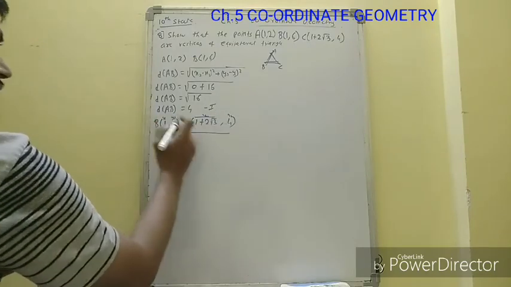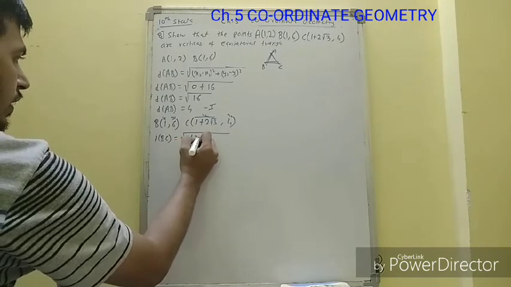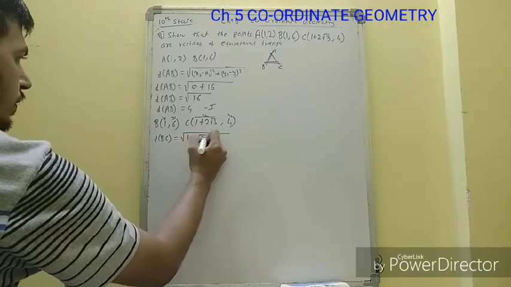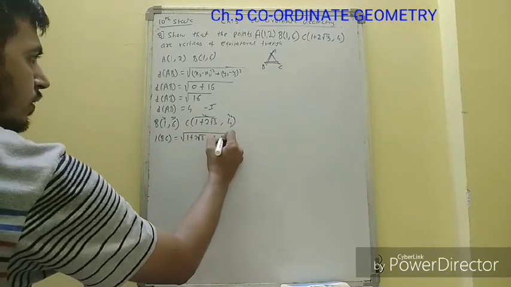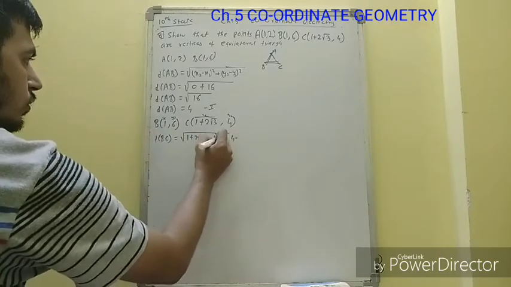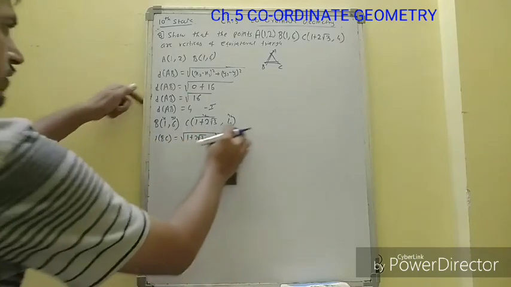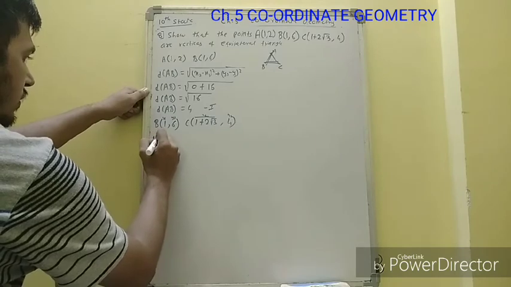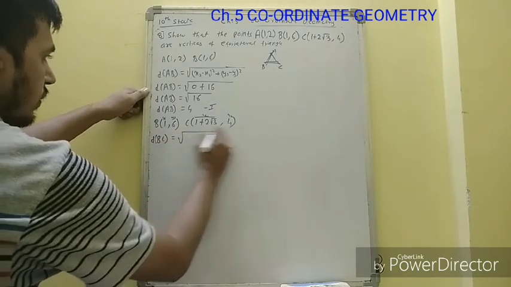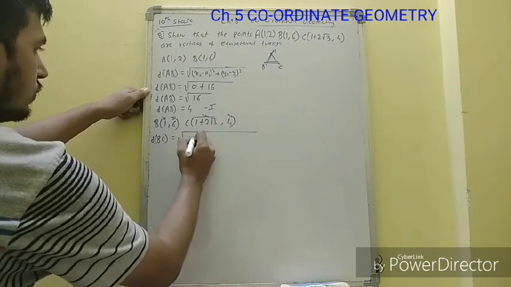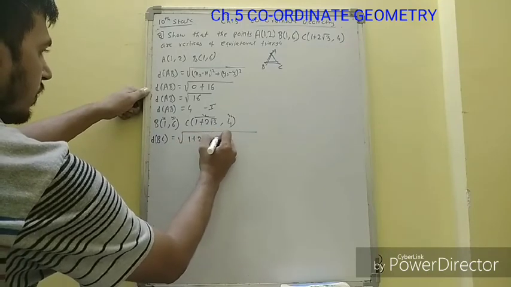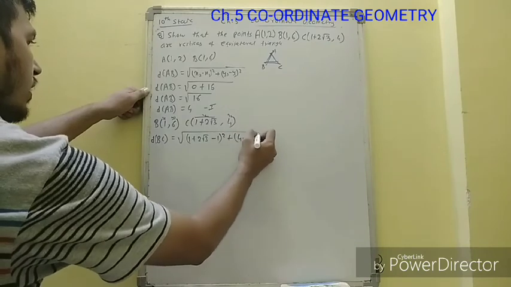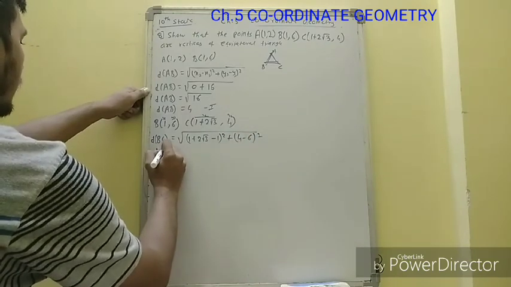So x2 minus x1, x2 minus x1 is 1 plus y2 the whole square. Let's just write it a bit bigger so that you can see it. Distance BC will be x2, this is x2 minus x1 the whole square, y2 minus y1 the whole square.